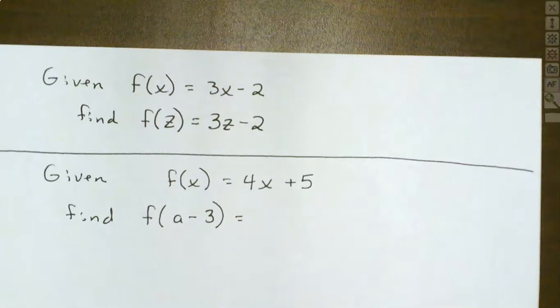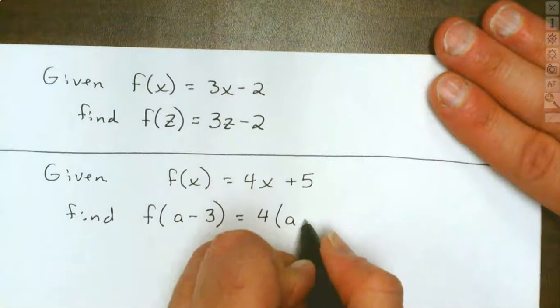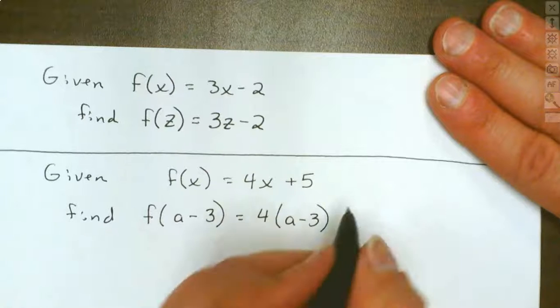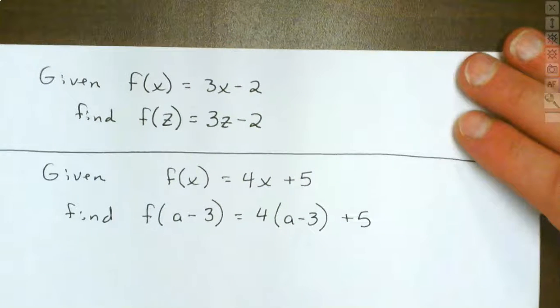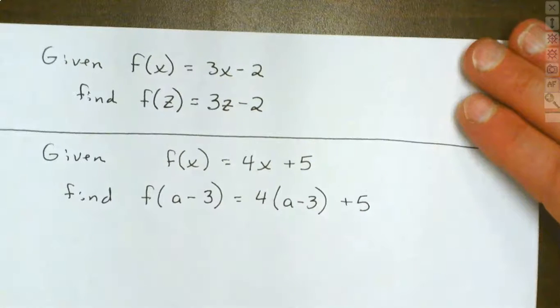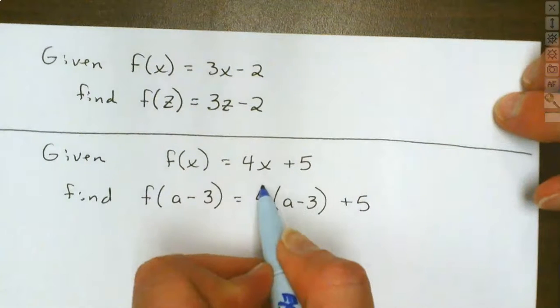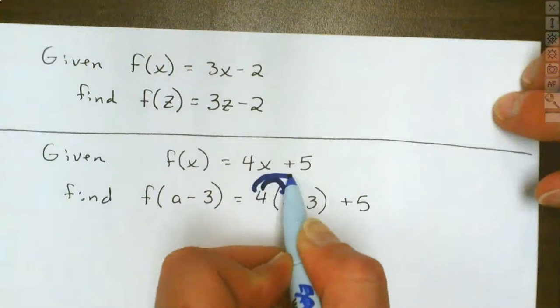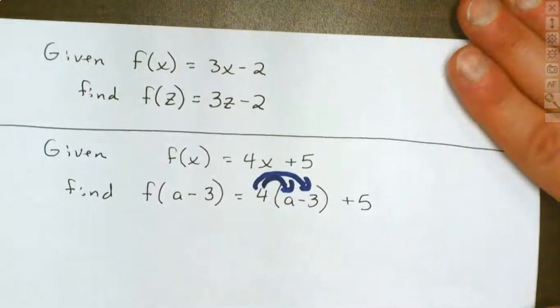So let's rewrite it as 4 times a minus 3 plus 5. We just replaced that x, in this case, with the a minus 3. Now, what do we do with that 4 out in front? We need to combine this together. So we're going to distribute that 4 through.